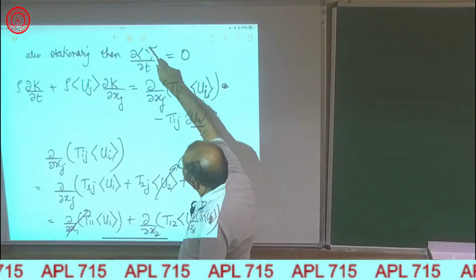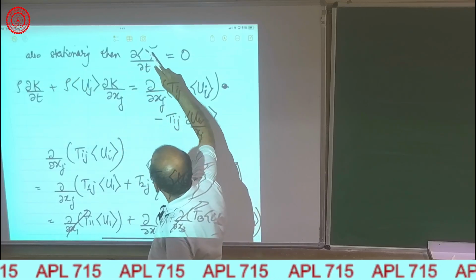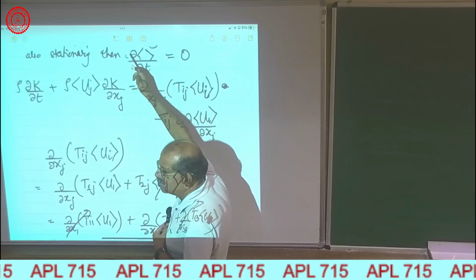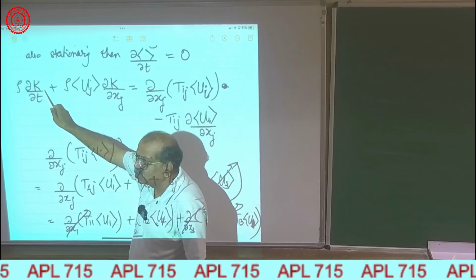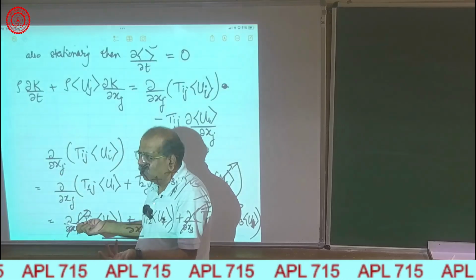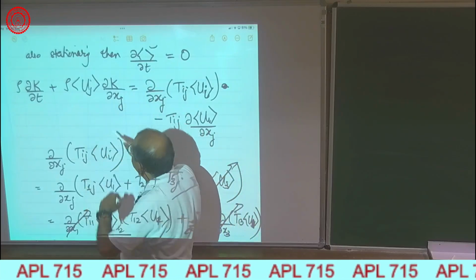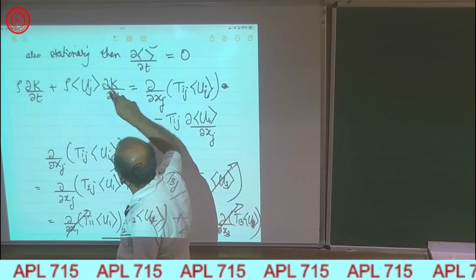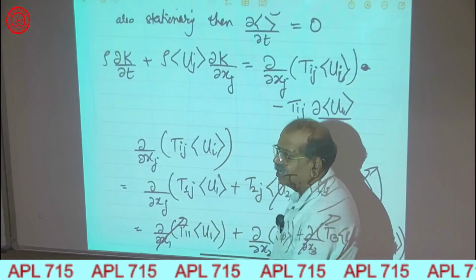Now we are saying the flow is homogeneous in directions other than x2, that is in x1 and x3, and we have d by dt. What happens to this term? Will it be 0 or non-zero? K is a mean, so it will be 0 because it's a stationary flow. Now this term will become u1 dk by dx1 plus mean of u2 dk by dx2 plus mean of u3 dk by dx3.